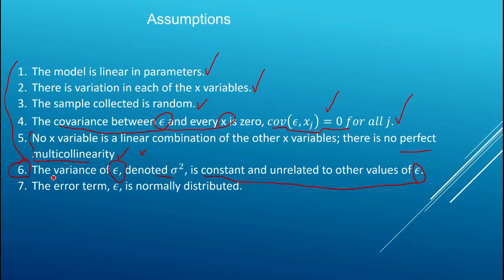In other words, it's the most efficient way, the minimum variance way of estimating the beta coefficients. So this homoscedasticity is pretty important stuff. If you don't have homoscedasticity, the coefficient estimates are still unbiased, but they're not the best linear unbiased estimates.